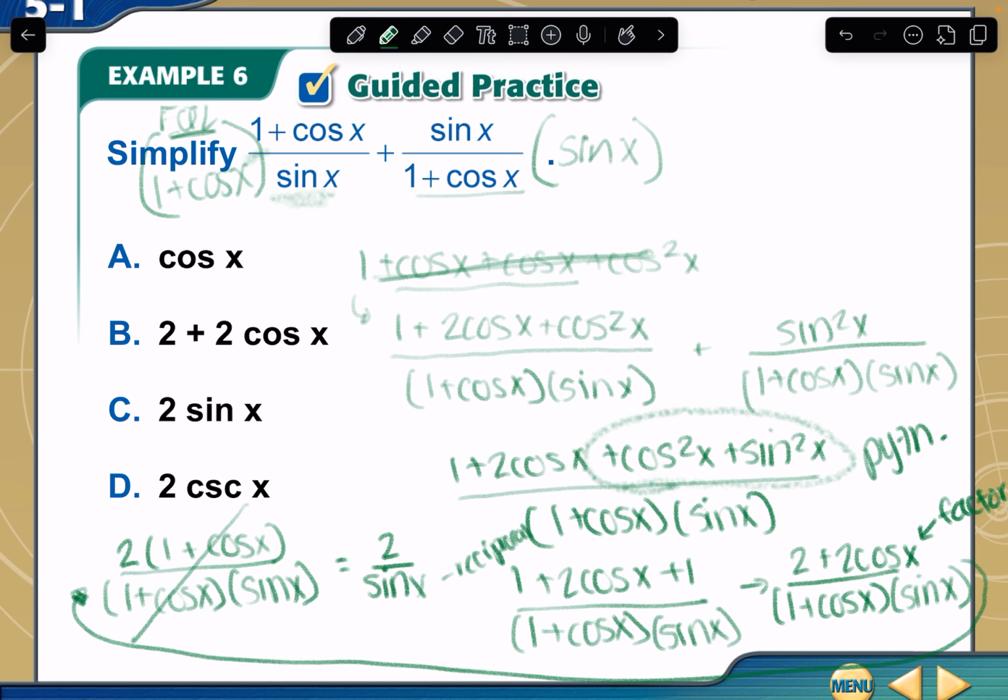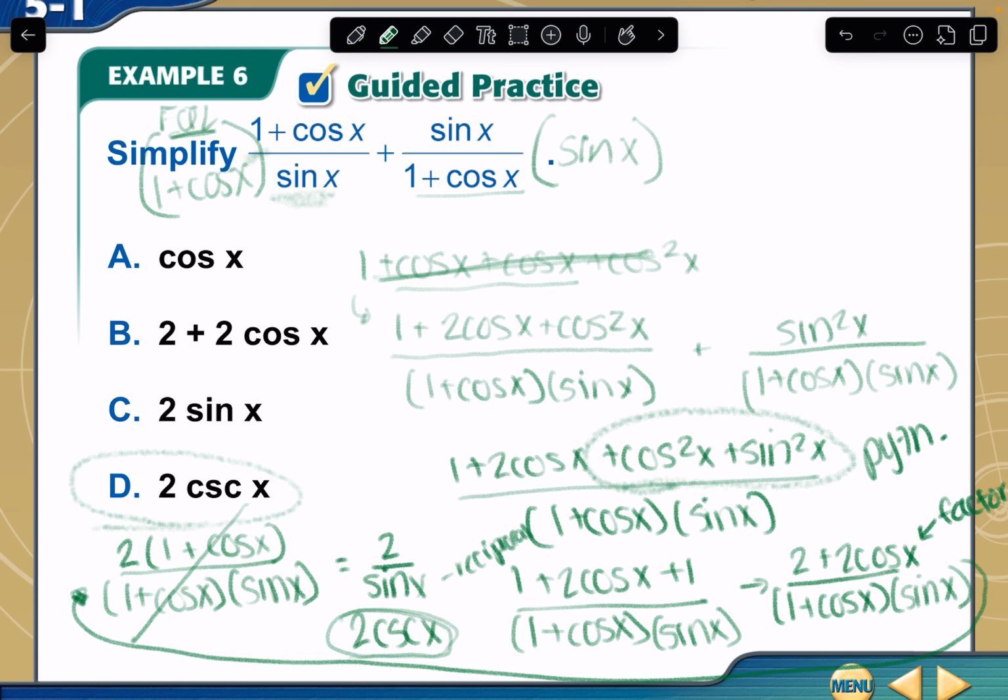So when I'm doing reciprocal, I'm moving it to the top, but when I move it to the top, it's ultimately becoming that reciprocal identity. So when I move my sine to the top, it's really going to become a cosecant value because of my reciprocal identities. So your answer to this would be part D, which is 2 secant x.